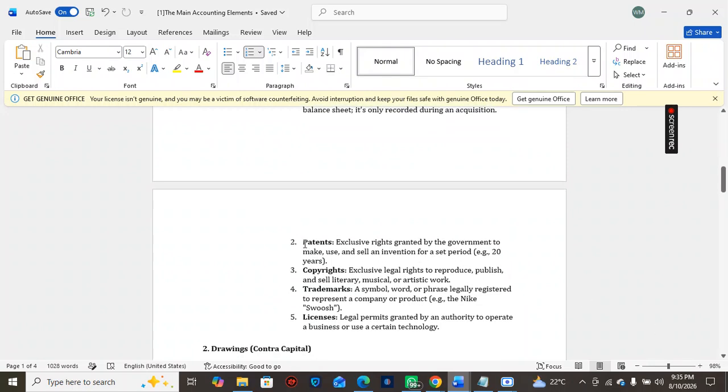Then you've got patents. Exclusive rights granted by the government to make, use, and sell an invention for a set period. So when you invent something, you can get a patent for it, so that you can control the use of this invention and you're able to sell it.